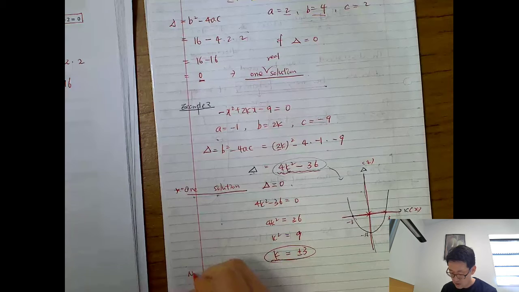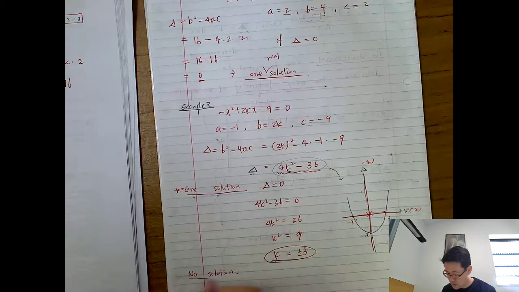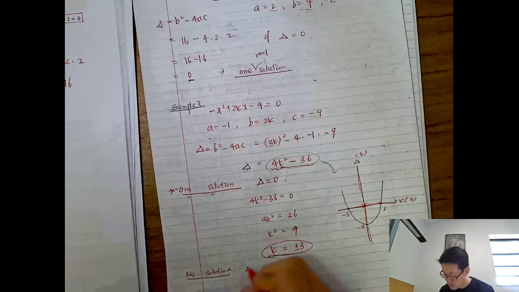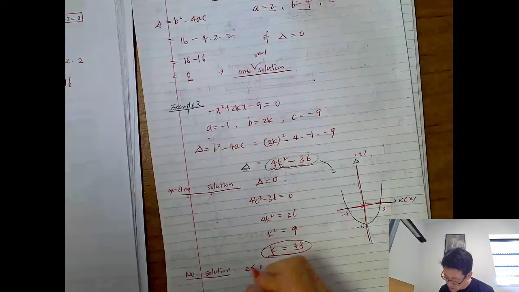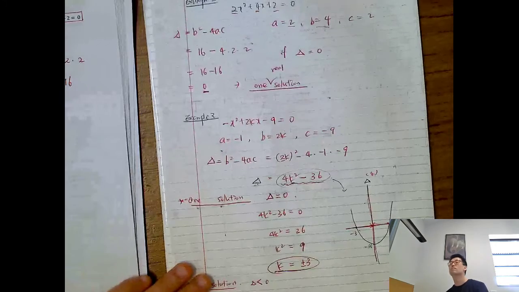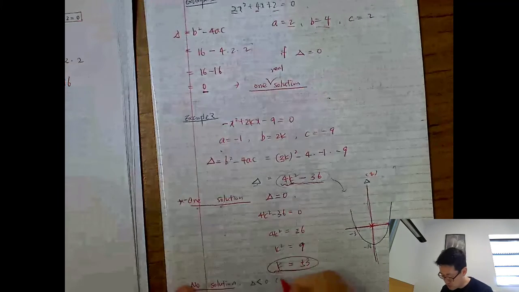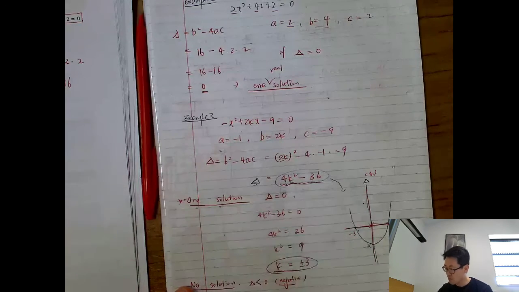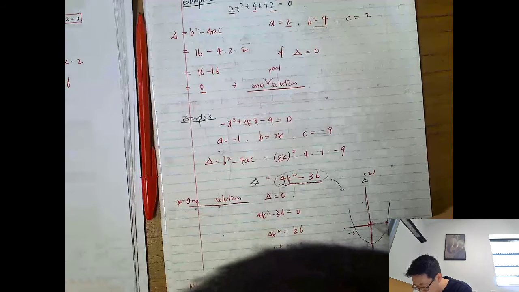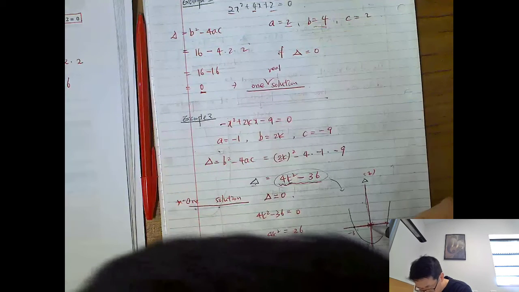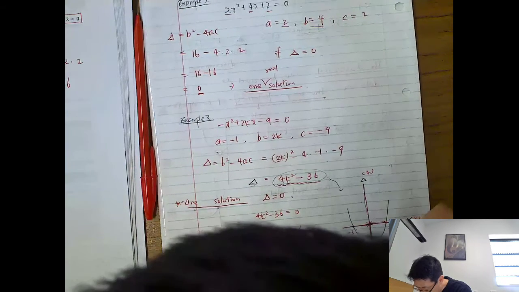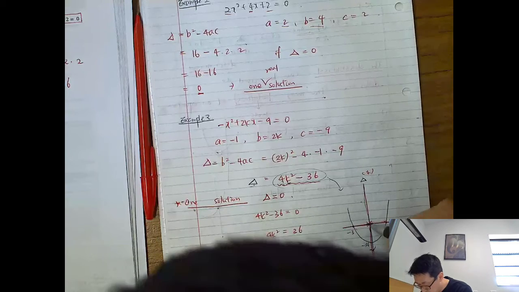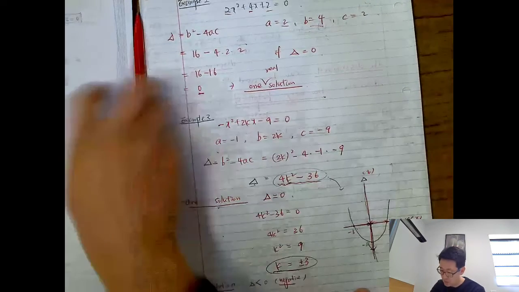Let's say no solution, which means what? The discriminant is smaller than 0, isn't it? Negative values. So in this case, the discriminant is a negative value, smaller than 0.